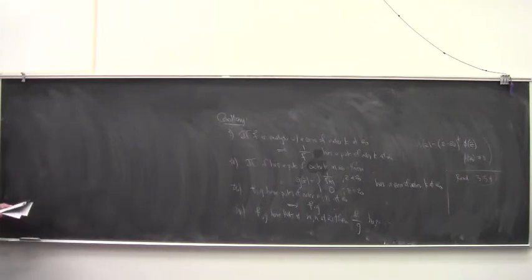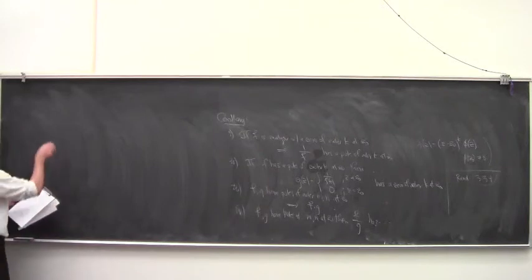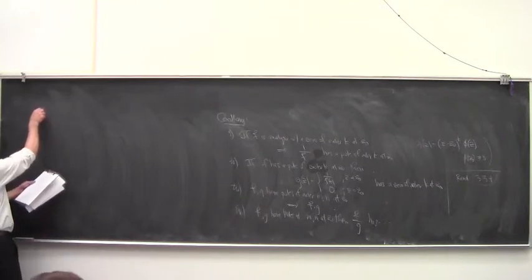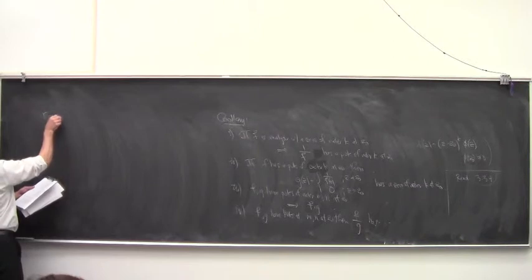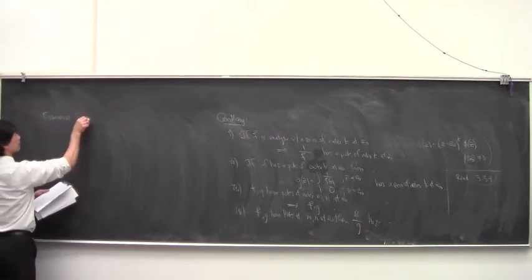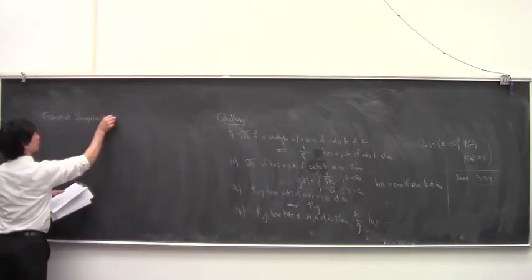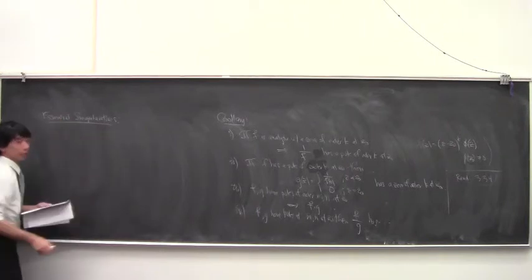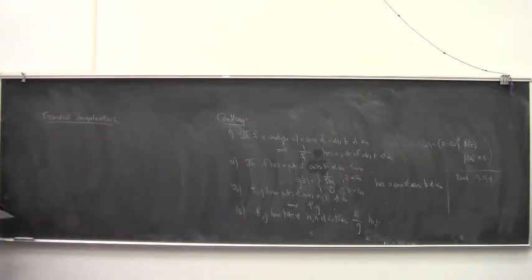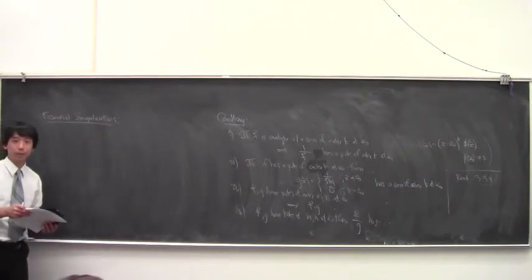Okay, we have 10 minutes left, and I think that's enough to talk about essential singularities. So we are not going to do the greatest results about the behavior near essential singularities.